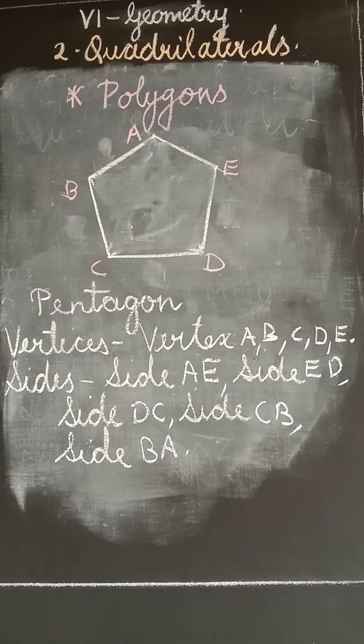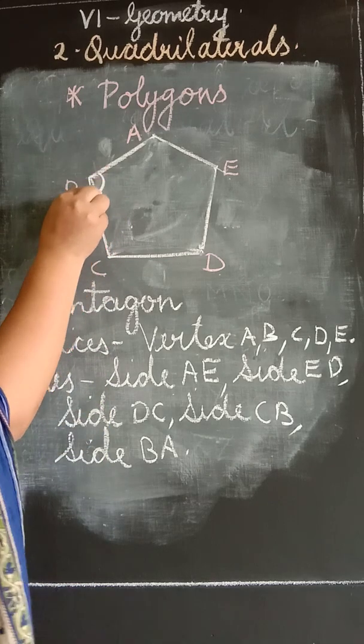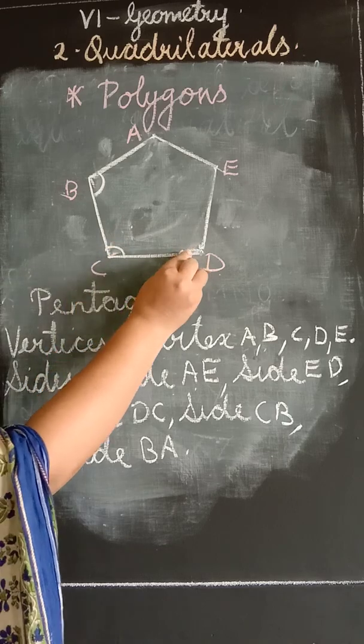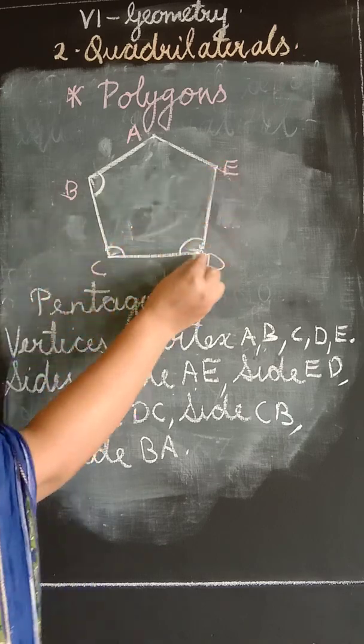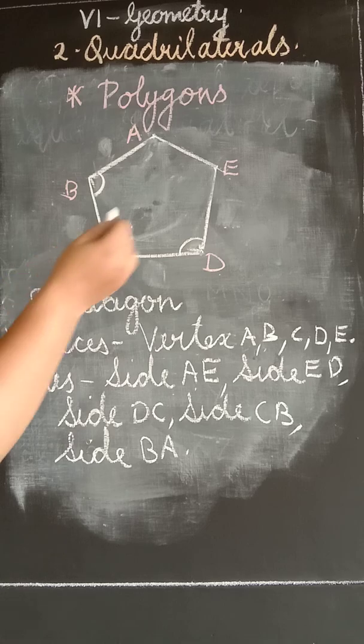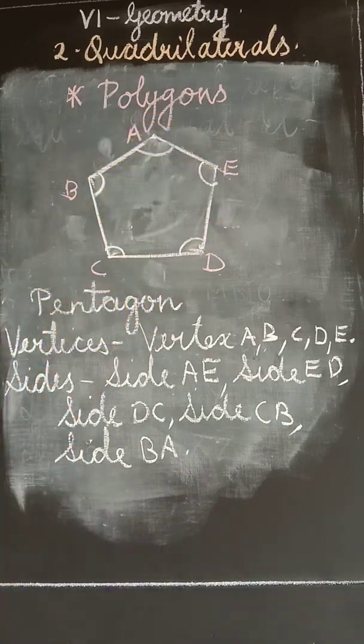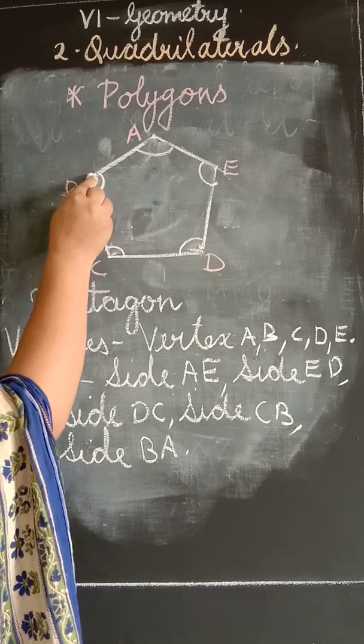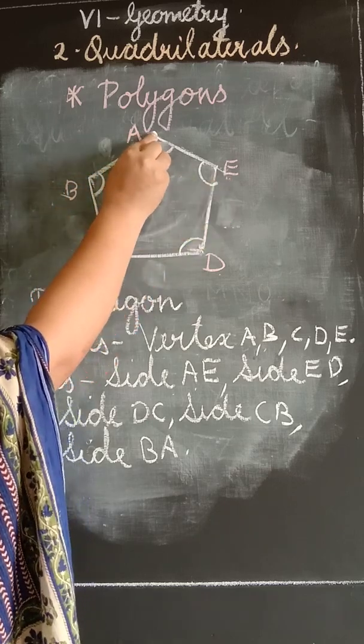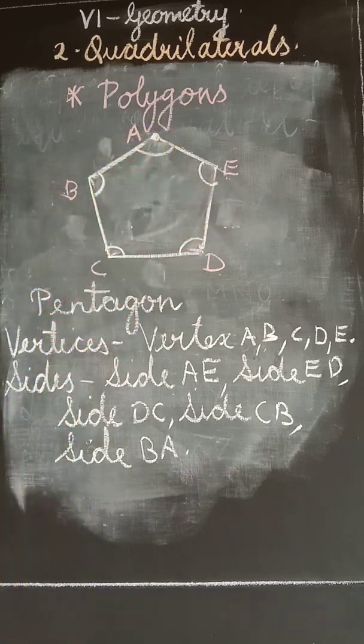Now, the next question, name the angles of the pentagon. So, these will be the angles. Wherever the line segments are joining, the two line segments form an angle. Okay. Wherever they are joining, that is a vertex. Keep in mind, children, wherever two line segments are joining, that is the vertex.